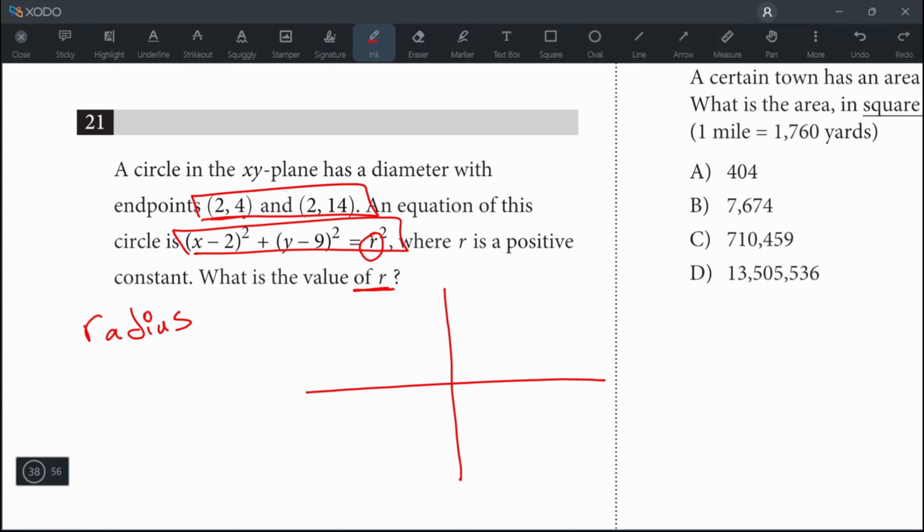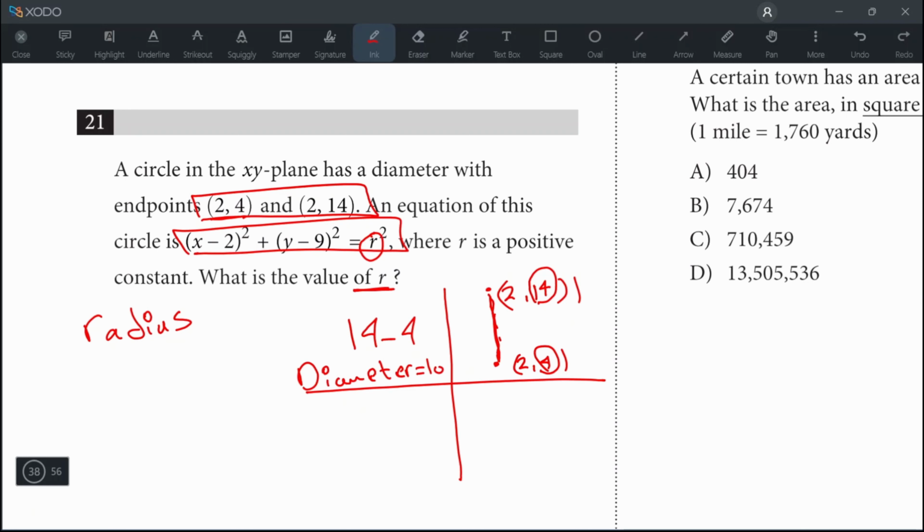So let's say that's the xy plane, and that's point (2, 4), and that's point (2, 14). And you need to find the length between these 2 points. So in order to do that, we'll subtract 14 minus 4. So we'll have a diameter equal to 10.